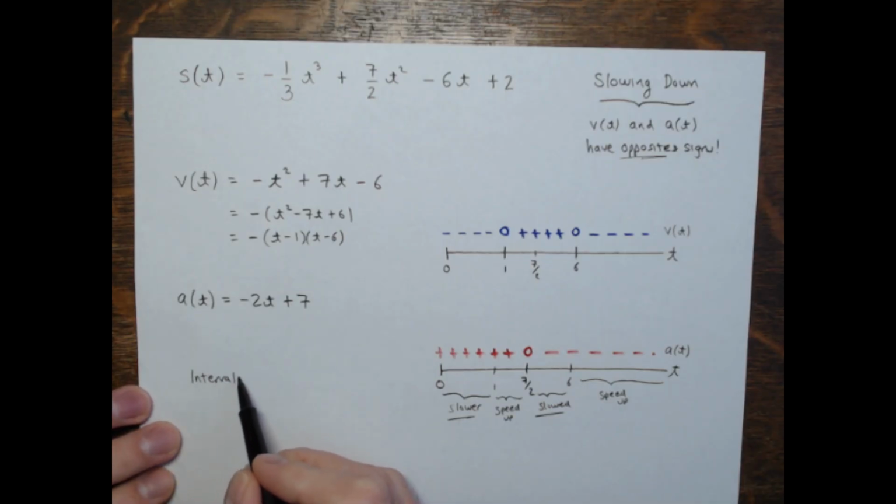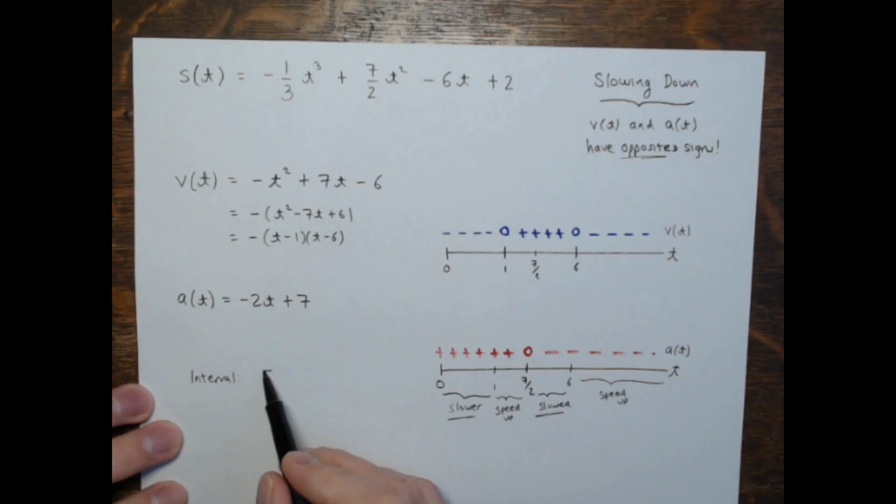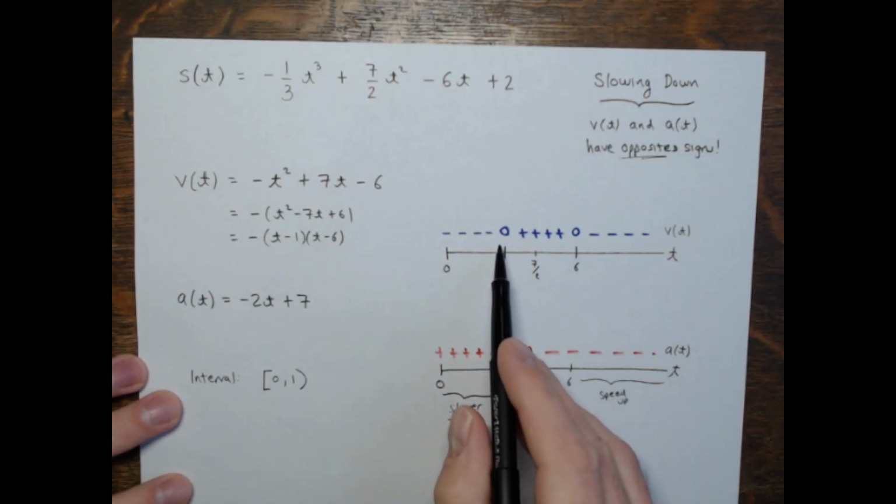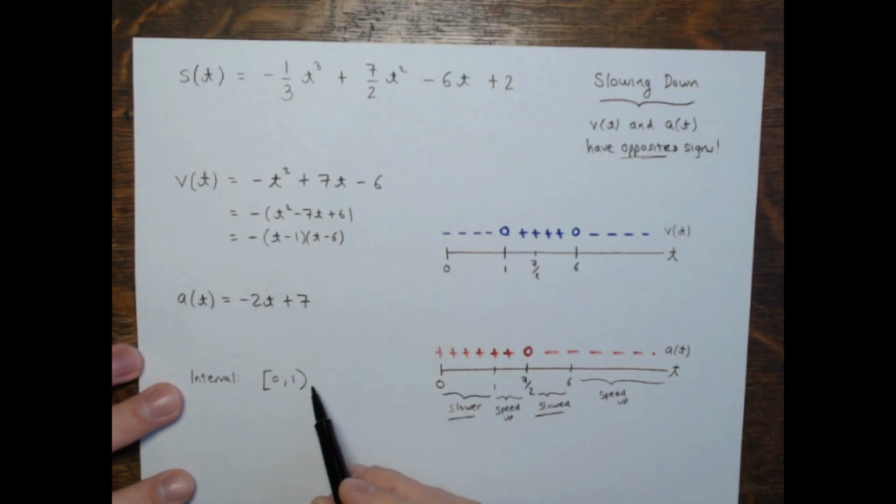Okay, so this bird is being slowed from 0 to 1 second. I'm going to include 0 there because at 0 they do have opposite signs, velocity and acceleration. So bracket on 0, but not at 1 because velocity is 0.